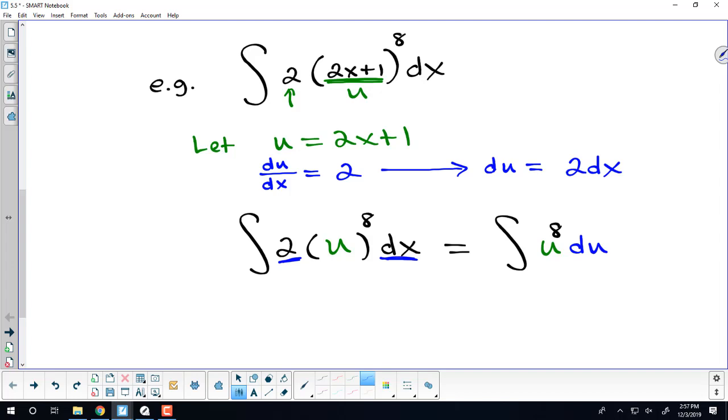So now we have an integral just in terms of u with respect to u. So really the key here is being able to identify what you should substitute, and you always end up taking the derivative of your substitution. Does anyone have any questions on that?